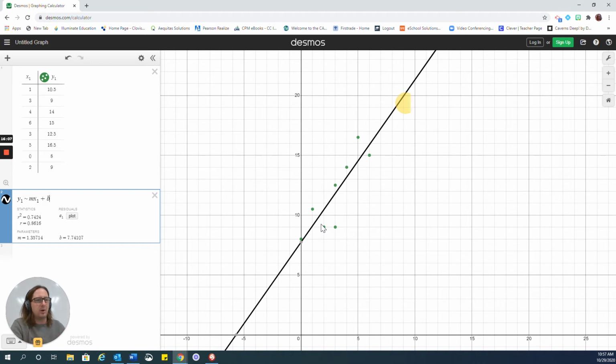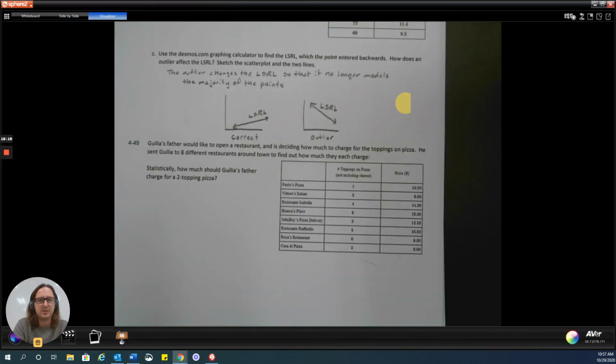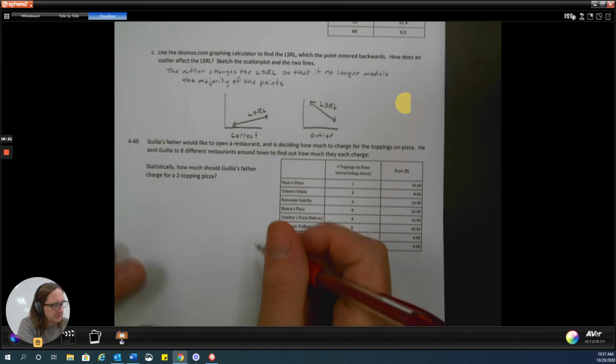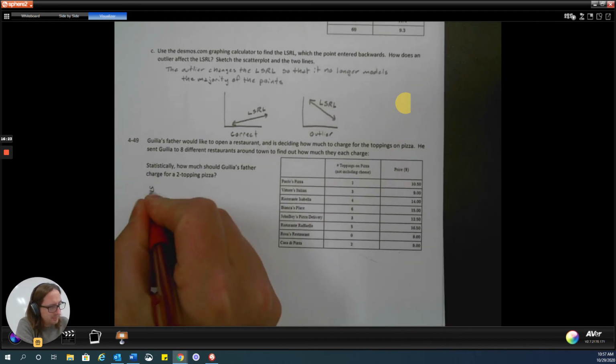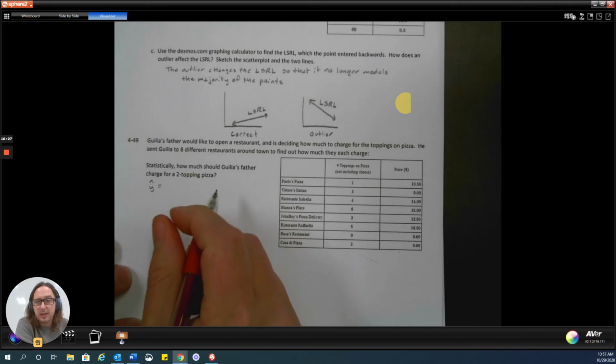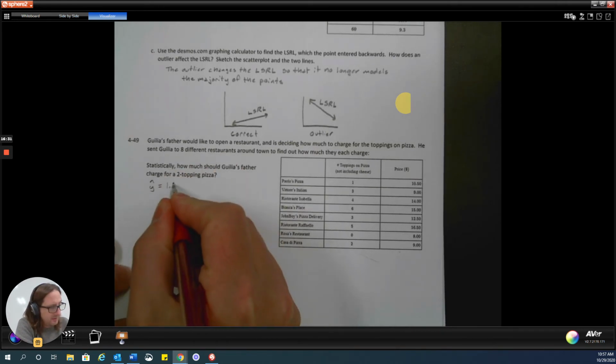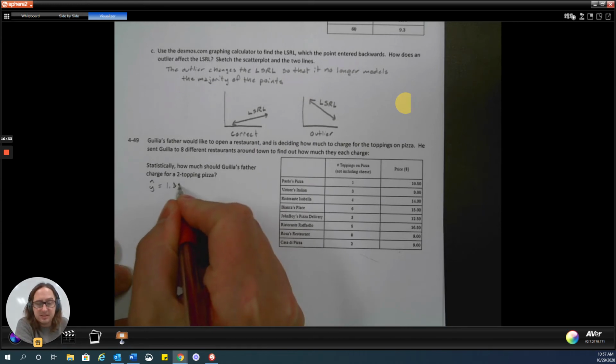Okay, so let's write down what we got as a slope. The slope is 1.35714. I'm just going to use 4 decimal places because that's what I decided. So it looks like she has a prediction model for a least squares regression line where the slope is 1.3571.